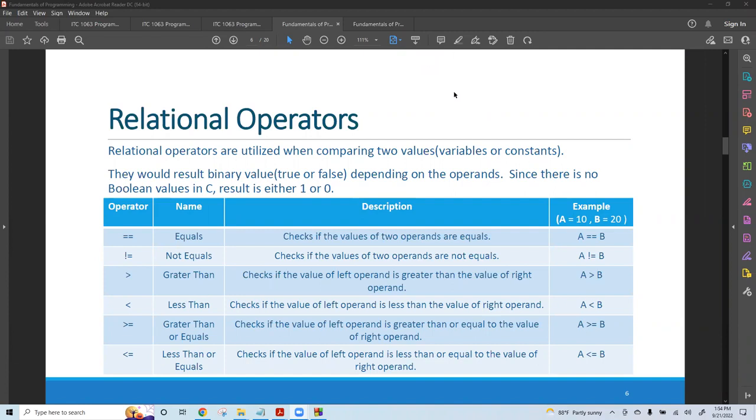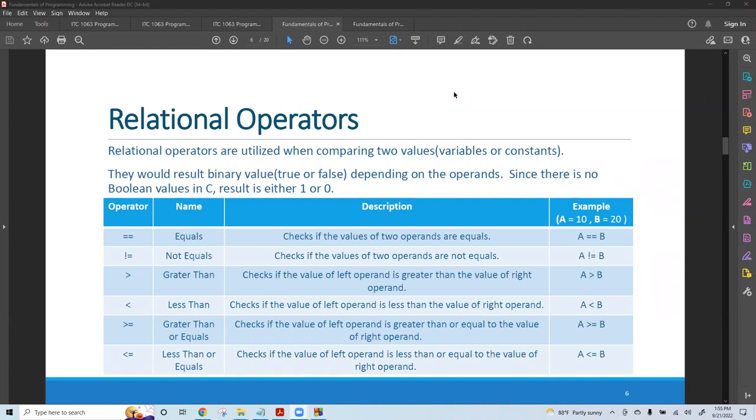Yeah, good. They need two operands. Even I said they need two variables, but the correct way to say it is two operands, not variables.